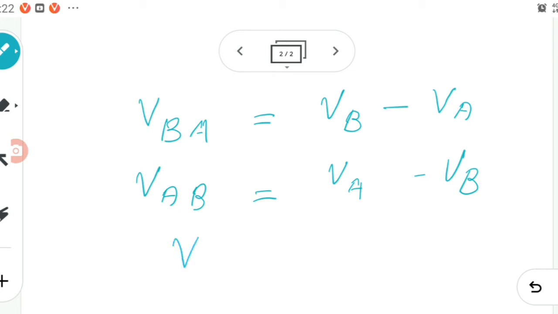That means VBA will be equal to minus of VAB. So relative velocity of one object with respect to another is given by VBA equal to VB minus VA.